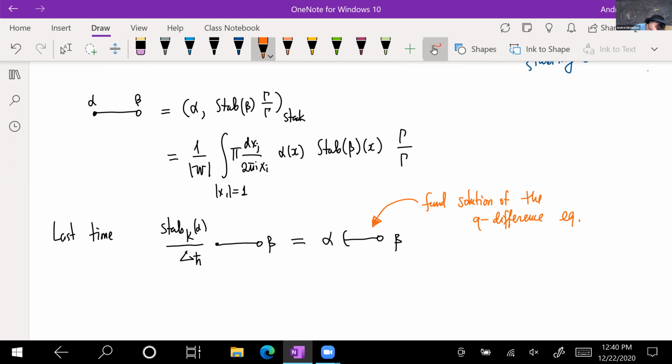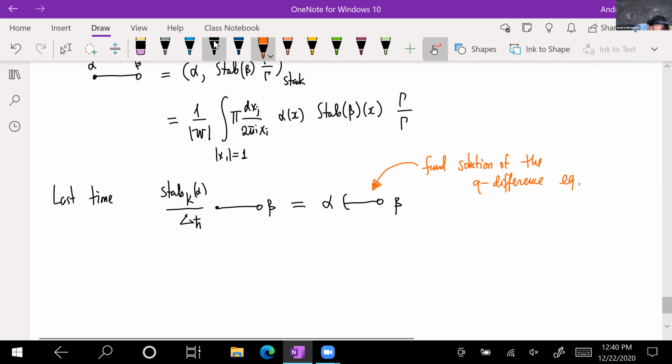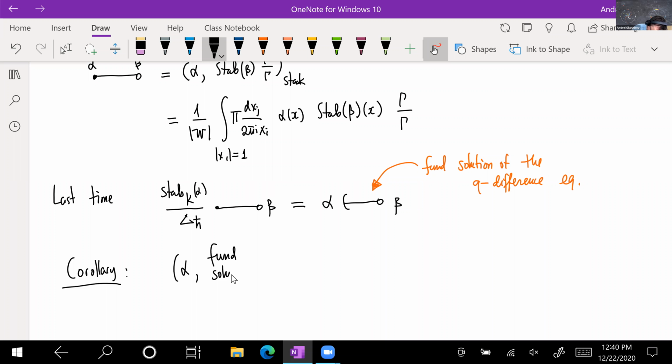And then the corollary becomes that if I take alpha, this fundamental solution, and then beta, take a matrix element of the fundamental solution, then this is going to be 1 over the order of the Weyl group, the integral over |x_i| equals 1, then there's the Haar measure of the variables x_i.